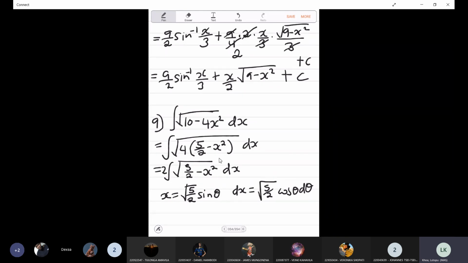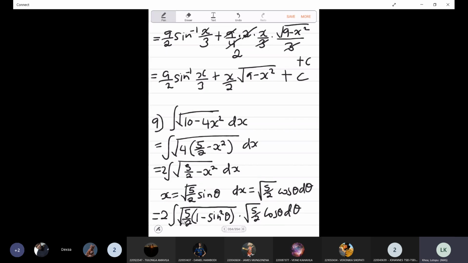Substitute over here. On the outside, we have a 2. Then the integral, you can see that 5 over 2 will be common. So we'll have the square root of 5 over 2, 1 minus sine squared theta, and then multiply by dx, which is the square root of 5 over 2 cos theta d theta.